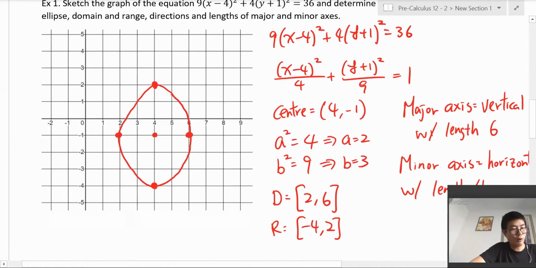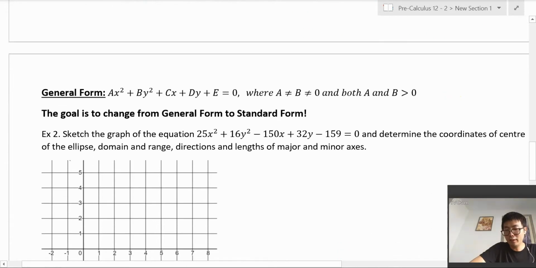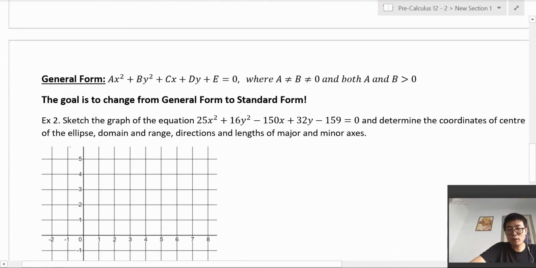And you probably can see this coming. The equation is not always given to us in standard form. In fact, it usually is not. Usually it's given to us in general form. This is quite similar to the circle equation for general form, because if the standard form is similar, I'm assuming general form will be similar too.